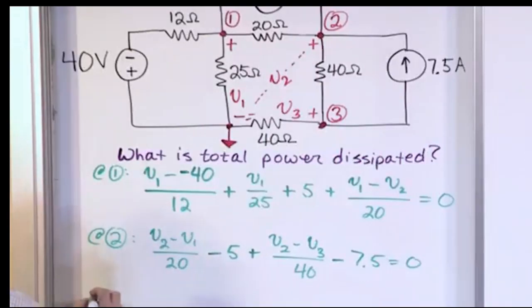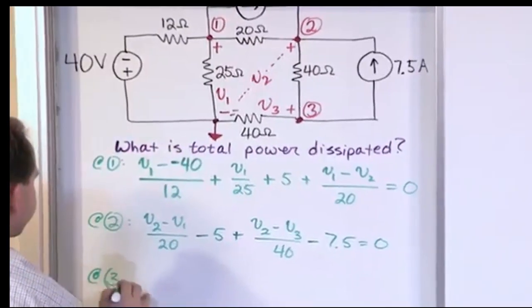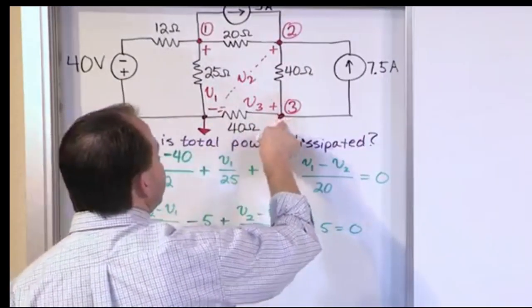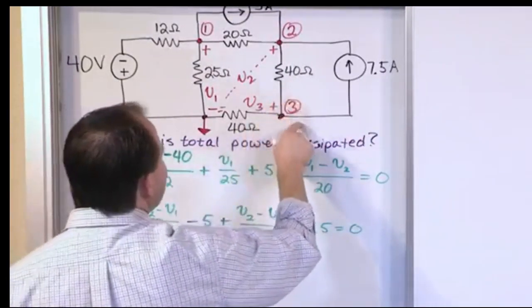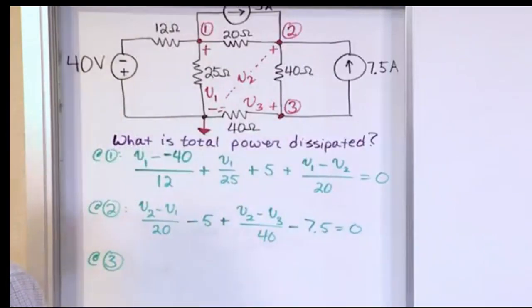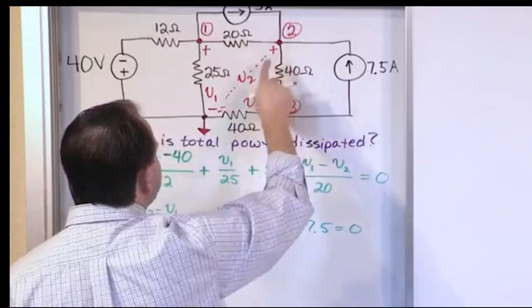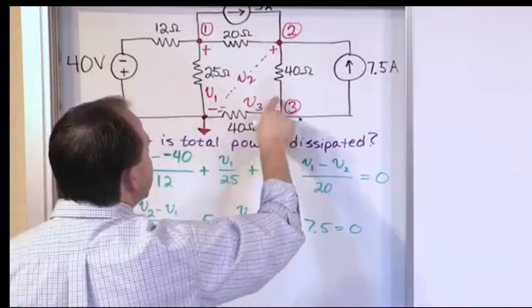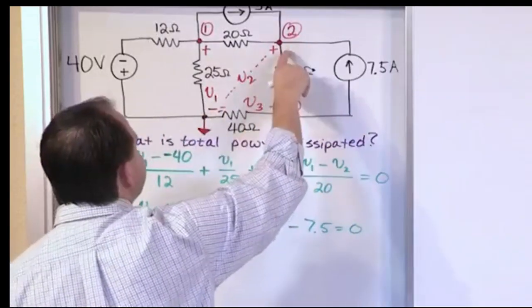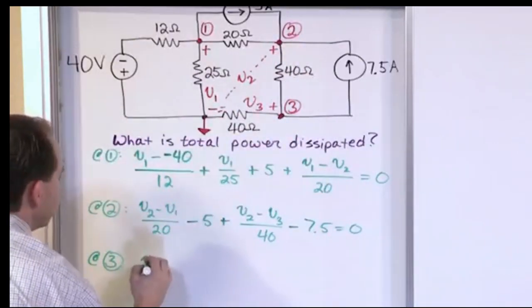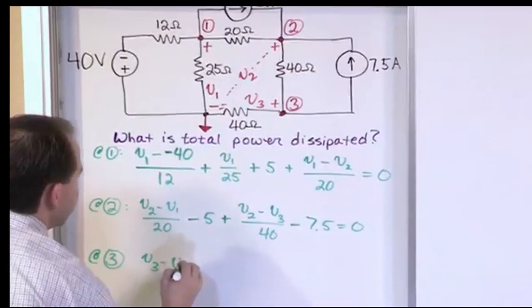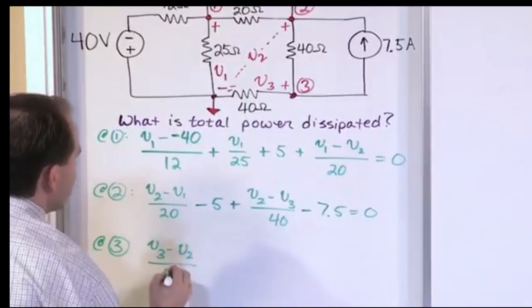And then finally, node number 3 is this node down here. This is a little bit simpler because we only have 3 legs, so we're going to have fewer terms. So first let's figure out what is the current through this 40 ohm resistor. We go V3 minus this voltage V2, that gives us the drop over here. So it's V3 minus V2 over 40.